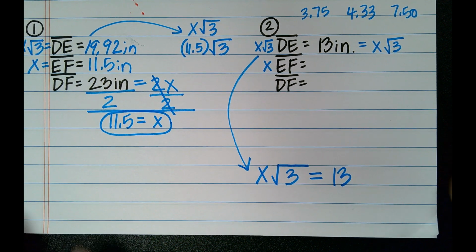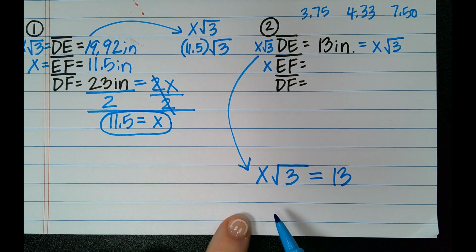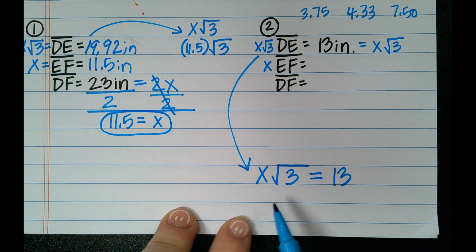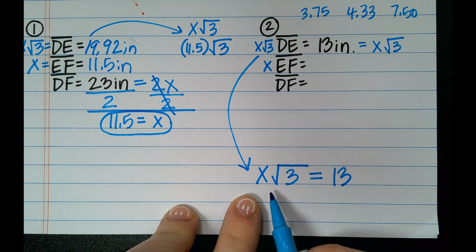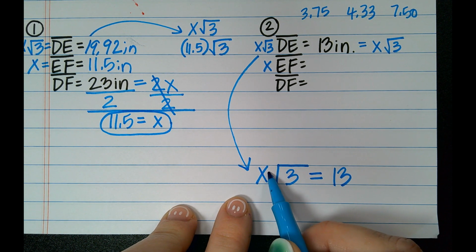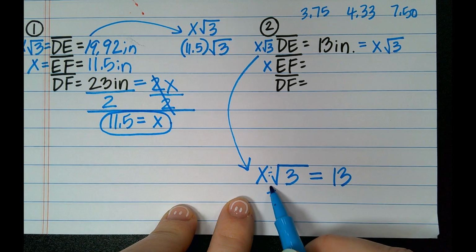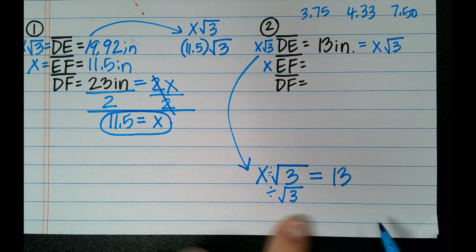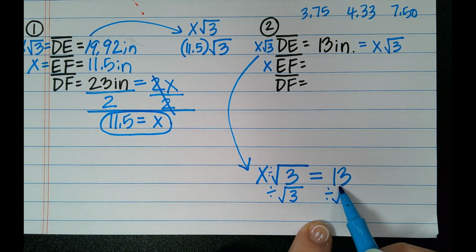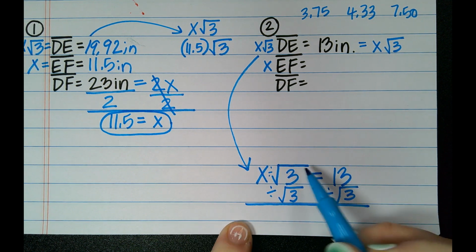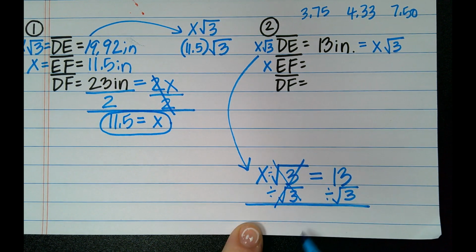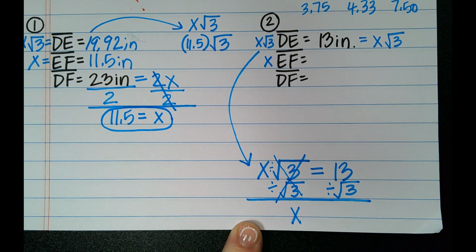Okay. So then what did you do here, Erica, to solve for X? In my notes, what I did is I wrote a division sign between x and radical 3. For me, that makes it easier. So you're basically dividing by radical 3 here. Okay, and then those would cancel, which does give us the x by itself.